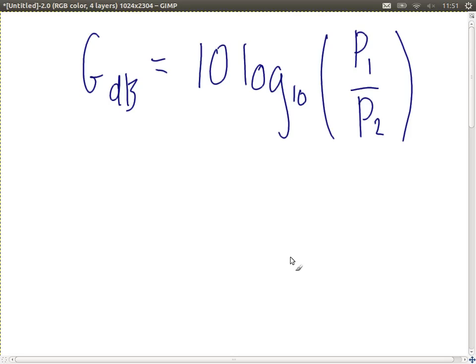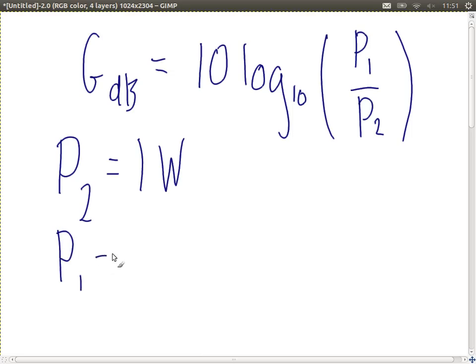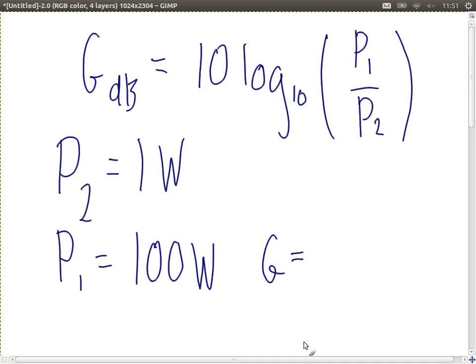Let's say, for example, P2 is 1 watt. And P1 is 100 watts. What's the gain from P1 to P2?